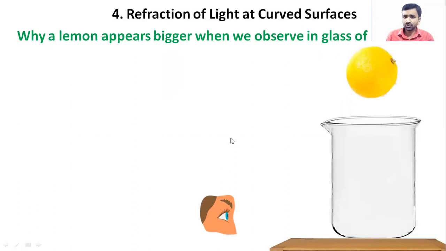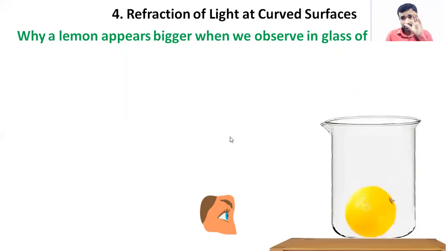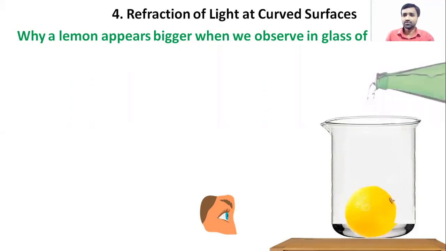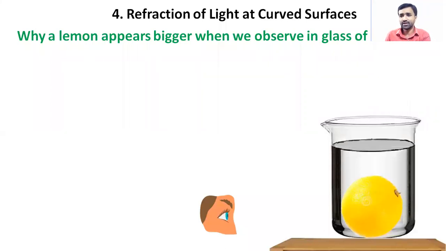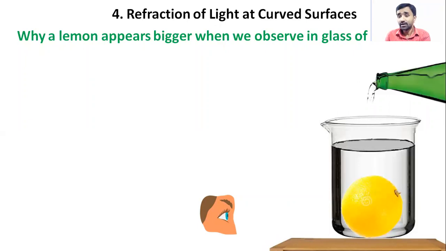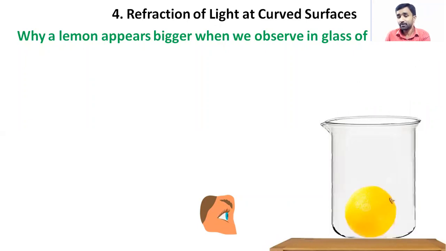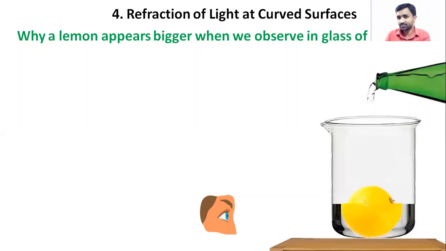Suppose I drop it into an empty glass, we can see the size of the lemon. You just need to understand how much that size is; blindly, we can estimate the size. Then what to do? Just fill that glass with water. You can feel that it is becoming larger in size.